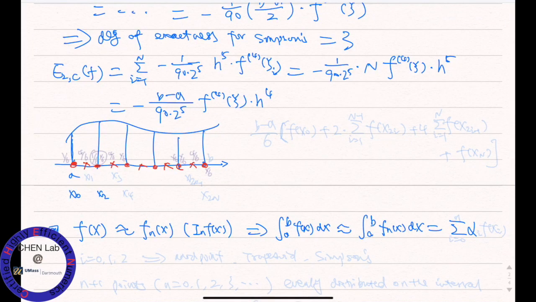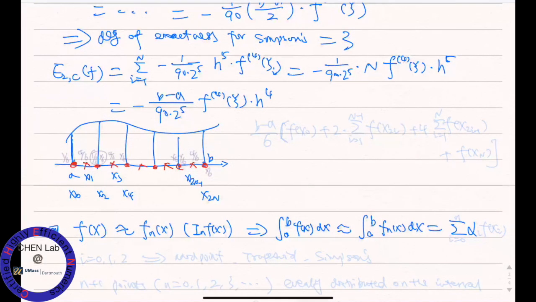Here we're going to get x1, and x3 is x4, and so on. So for n intervals, the endpoint is x2n, and this one is x2n minus 1. It's just numbering, that's all.